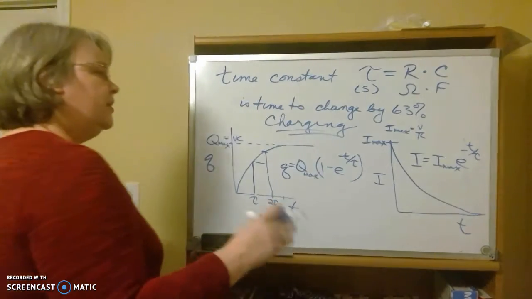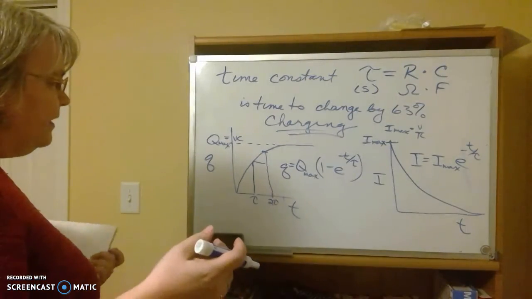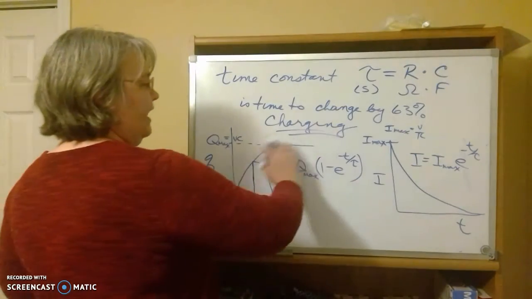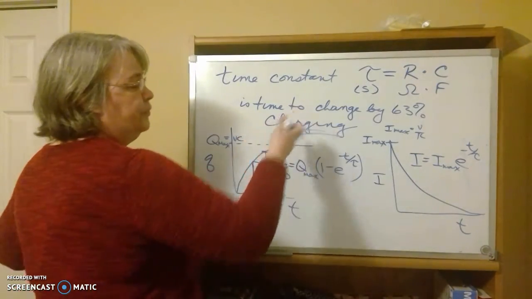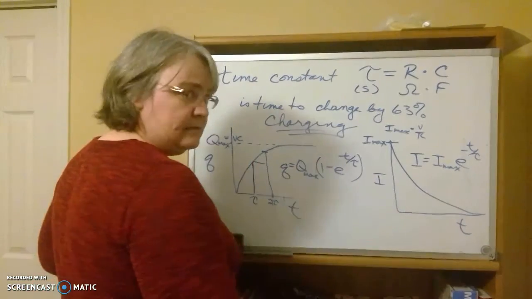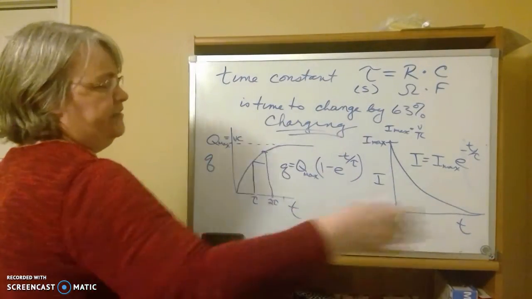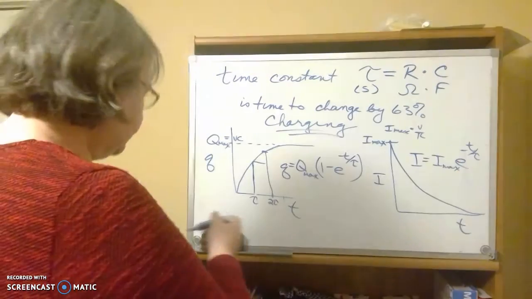Okay? So for a charging circuit, that is how we calculate how full it will be after 73 seconds, or what the current will be 73 seconds after you start.